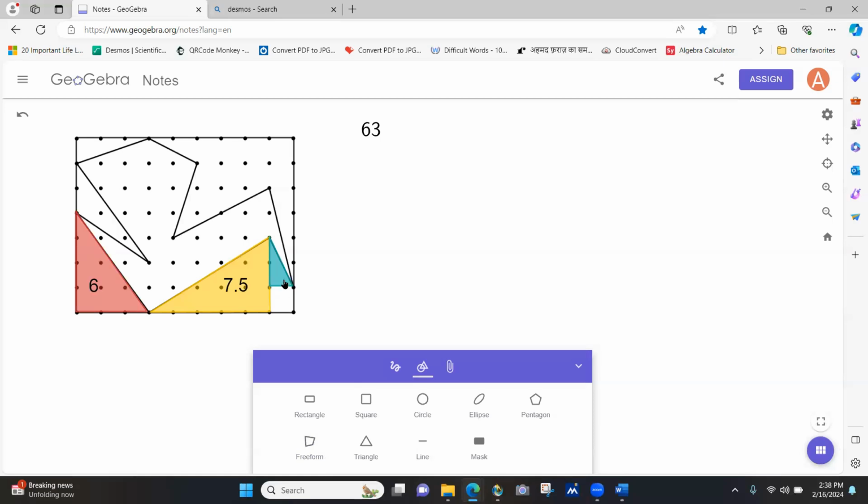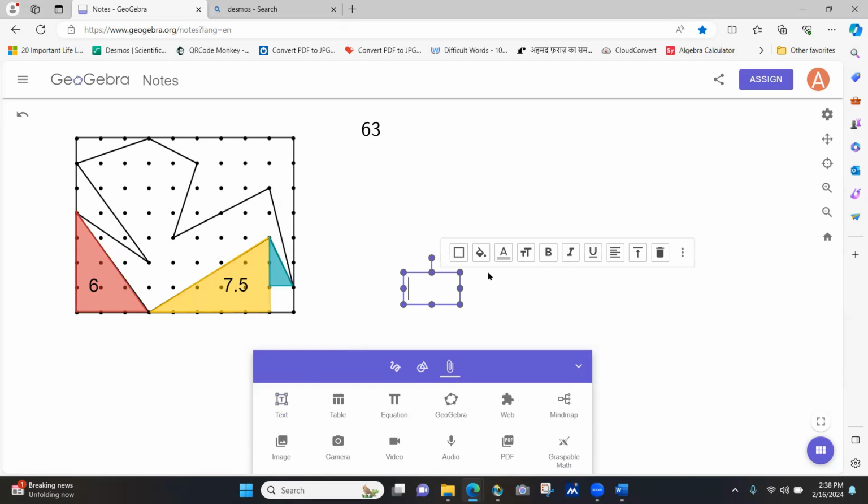This bluish green triangle has an area of 1. 2 is the height, 1 is the base, 2 times 1 is 2, 2 divided by 2 is 1. This white square is 1 square. So that's also 1. I'm not going to shade it. I'm not going to make it any more difficult than it needs to be, but I will write a 1 here.